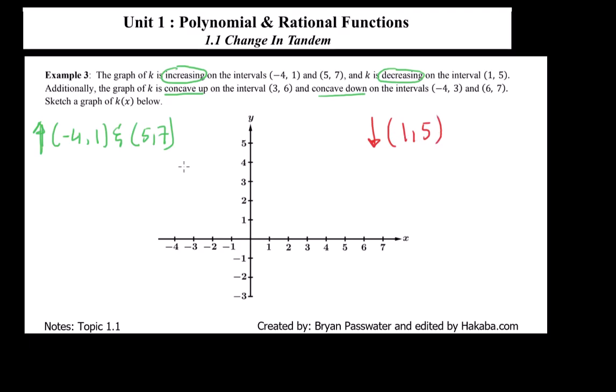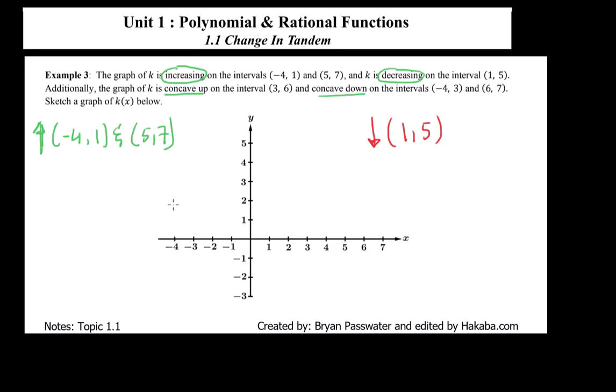So if you can see, 1 to 5 will fall between these two intervals. This one will stop at 1, and then this one will start after 5. So this interval will fall between the increases.